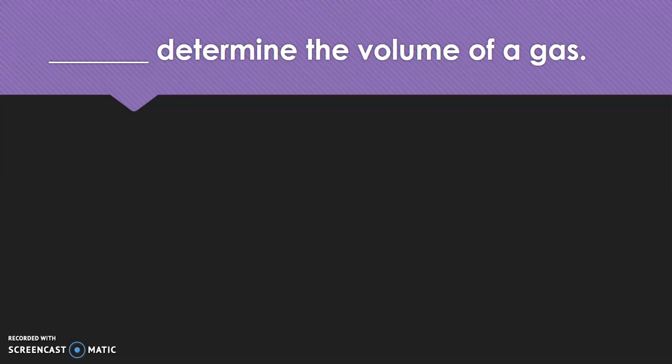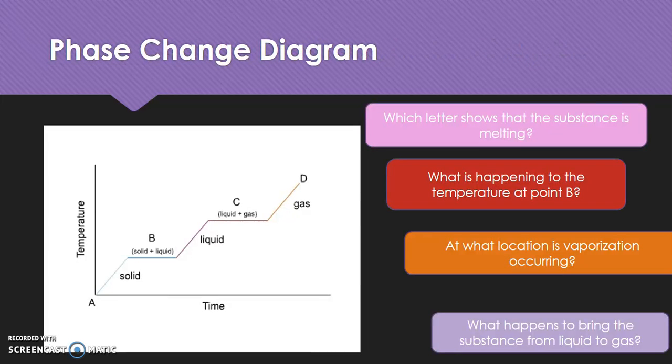Blank determines the volume of a gas. Which letter in this phase change diagram shows that the substance is melting? What is happening to the temperature at point B?